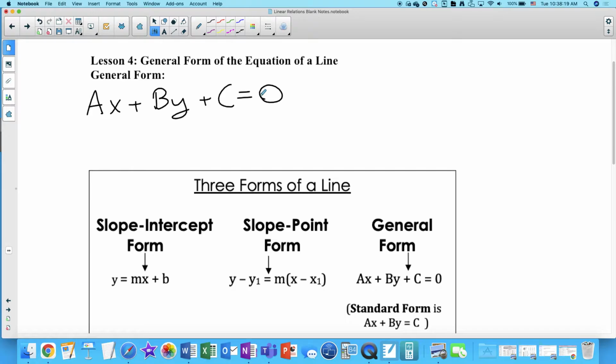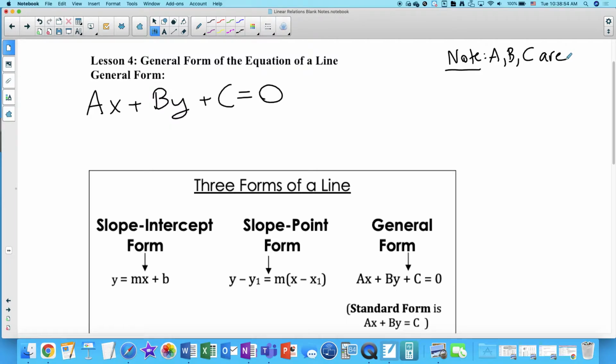And there are some conditions around this as well, okay? So firstly, A, B, and C are numbers. So just like all the other formats, the only two variables are X and Y. Okay, so some notes about this form. And not only are they numbers, but they actually have to be integers, which means we cannot have fractions or decimals, okay?